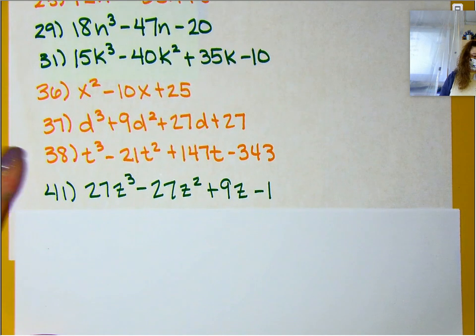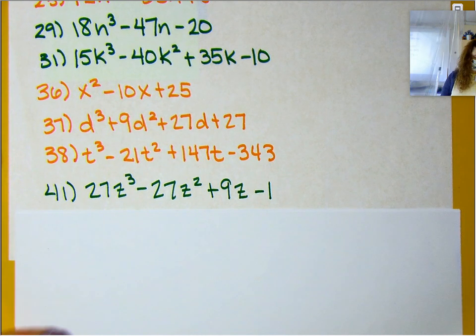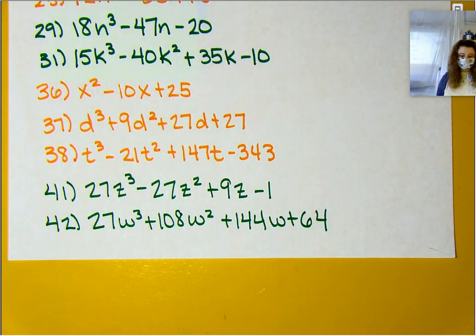Jumping to 41, 47z cubed minus 27z squared plus 9z minus 1. And last one, 27w cubed plus 108w squared plus 144w plus 64.